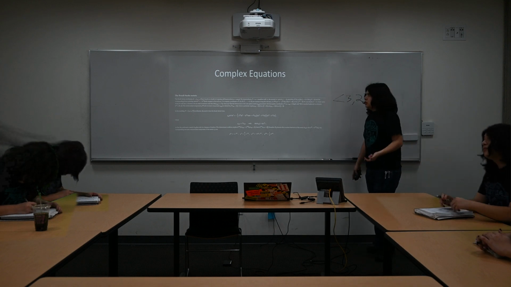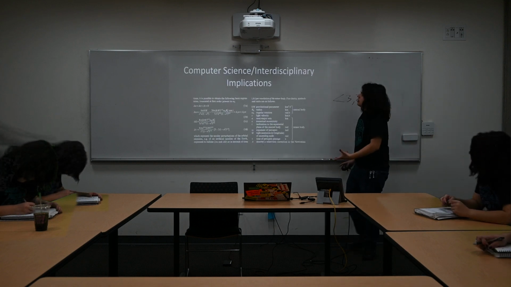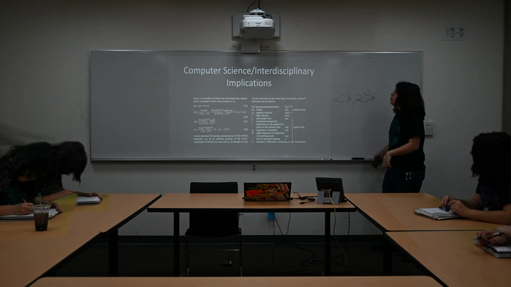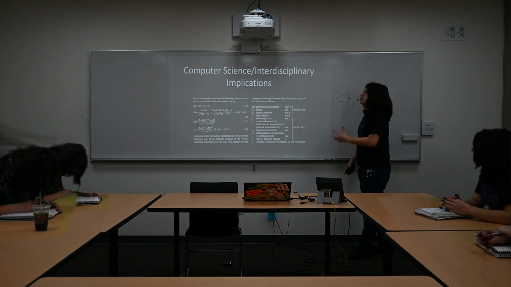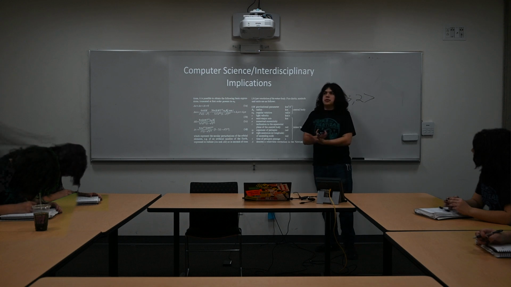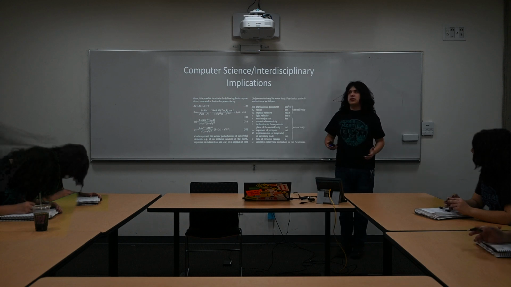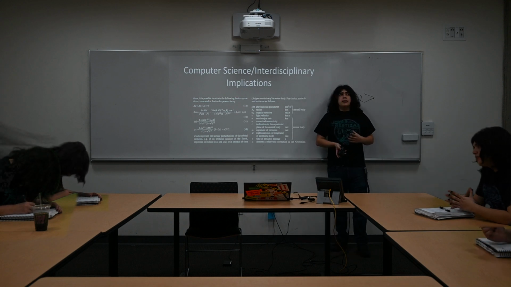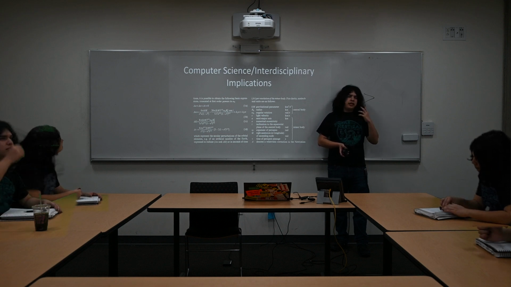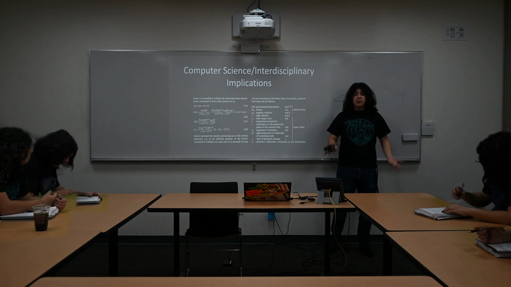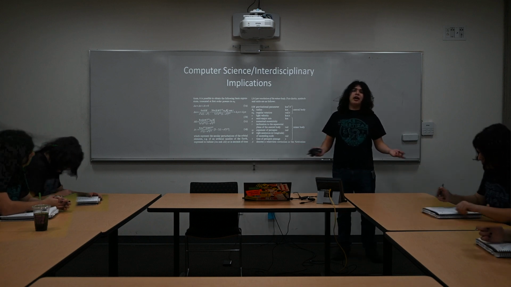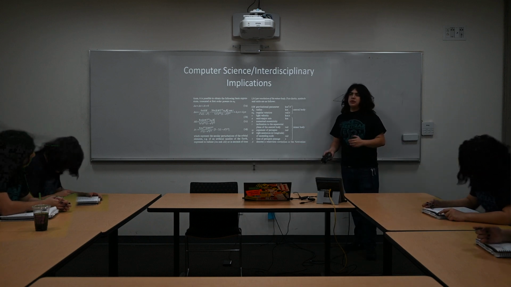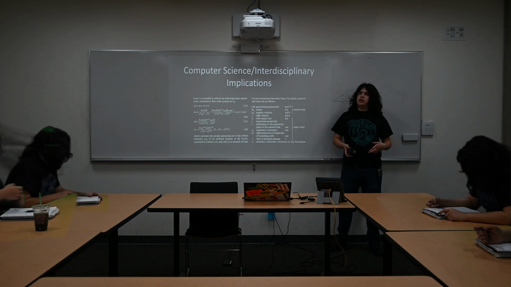That brings us right into our next point, which is computer science applications especially, but moreover, interdisciplinary implications. When you're trying to combine multiple disciplines into one thing, it's even more difficult. Say you are really into astrophysics. I'd be willing to bet that you know almost all of the astrophysics formulas, and you'll be able to tell the different ways some of those equations are written, so you'll be fine.